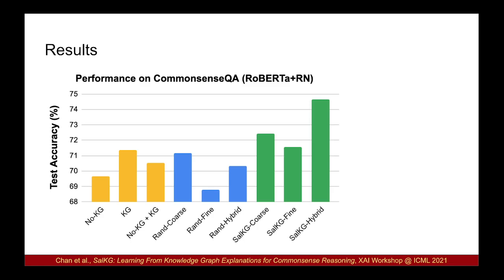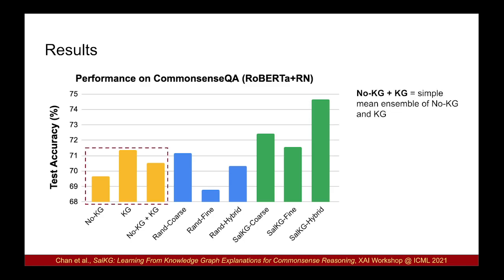Now let's take a look at some results on the Commonsense QA dataset. We consider several vanilla baselines shown in yellow. NoKG is a language model that doesn't use a KG. KG denotes the original teacher KG augmented model, and NoKG plus KG is a simple mean ensemble of NoKG and KG.